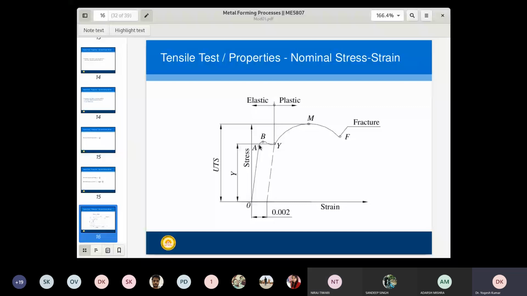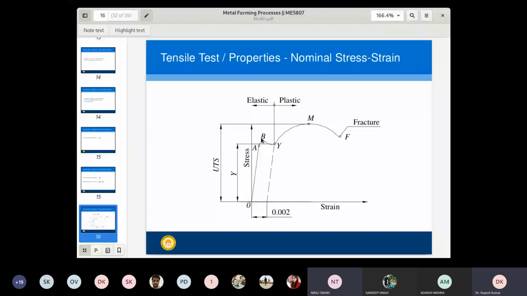So this is beyond point A. It is not a straight line. It's slightly curving towards the strain axis. So this point A is your proportionality limit.